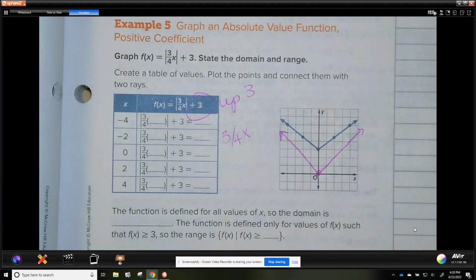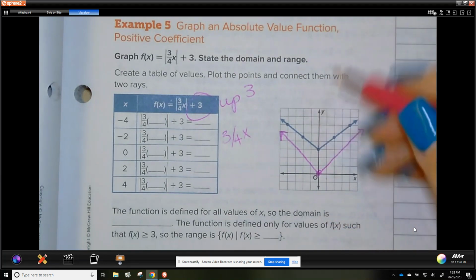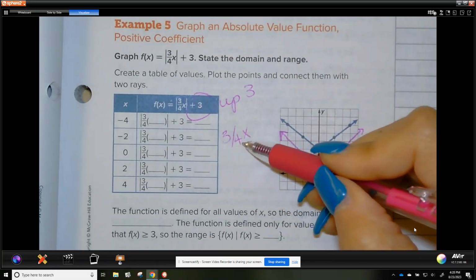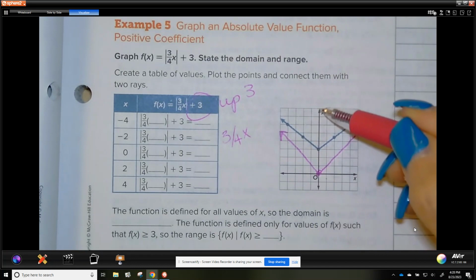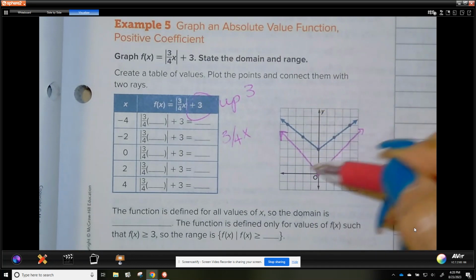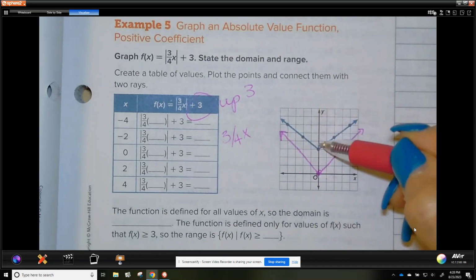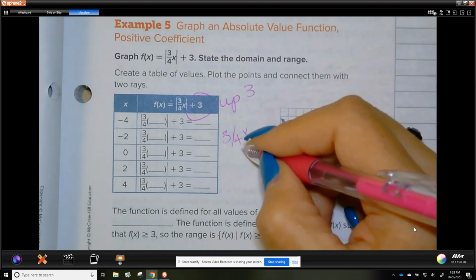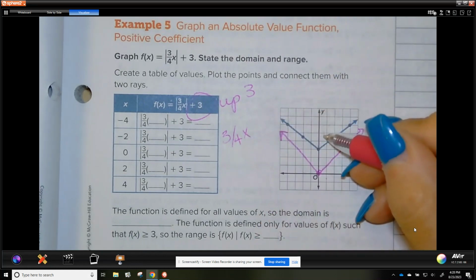That's called a vertical compress or vertical shrink. So this is the regular one, but I'm 3/4 as tall now. When something is 3/4 as high, it's going to get wider. If this number is less than 1, it gets wider.